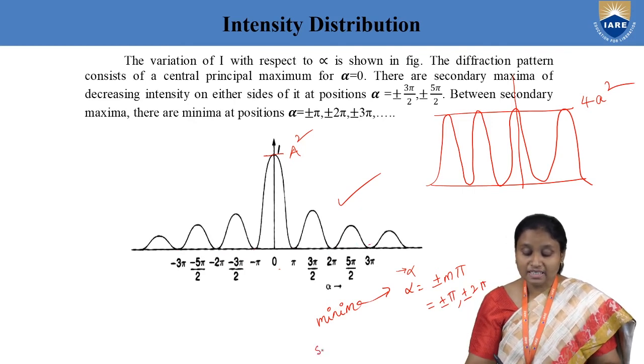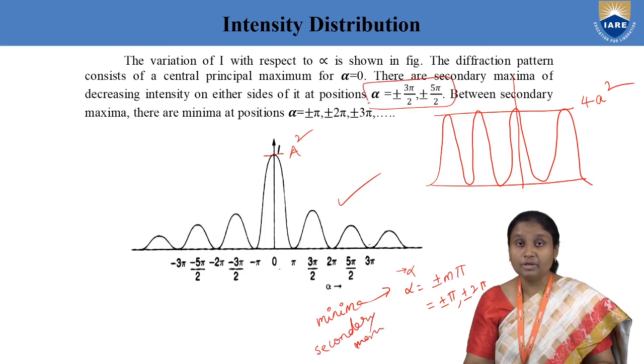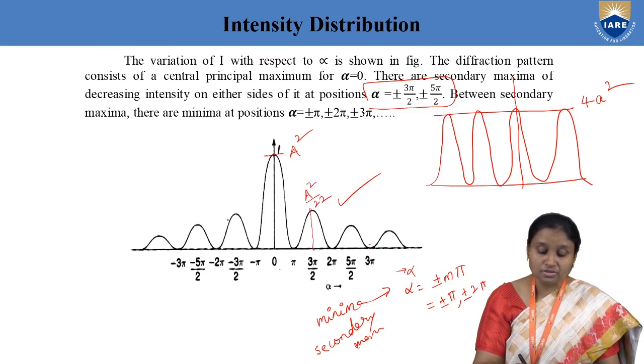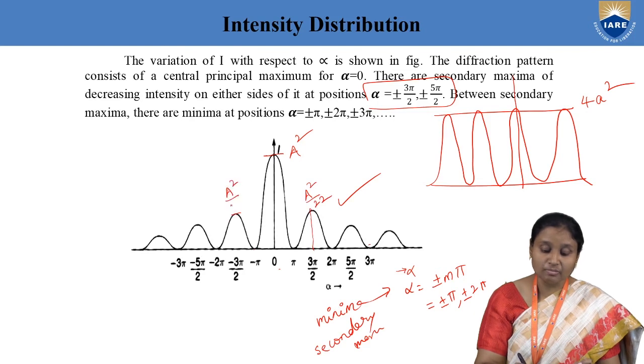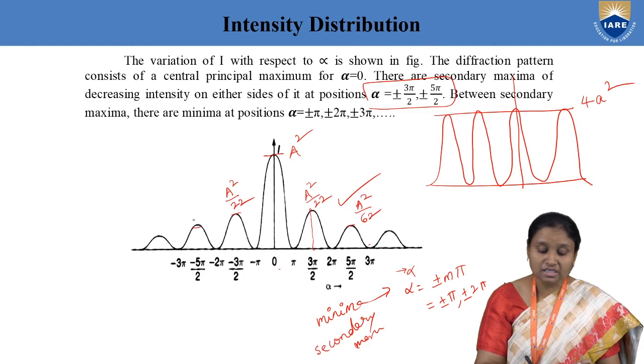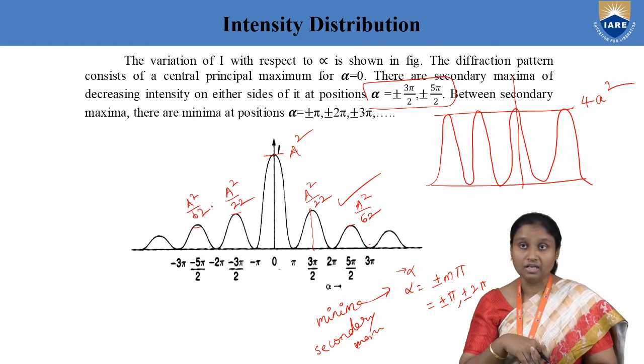Then how to get secondary maxima? What we got for secondary maxima? For secondary maxima, alpha is equal to plus or minus 3 pi by 2, plus or minus 5 pi by 2. And what is this intensity? A square by 22. So this intensity is also a square by 22 and this is a square by 62 and this is a square by 62. So intensity keeps on decreasing for secondary maxima.